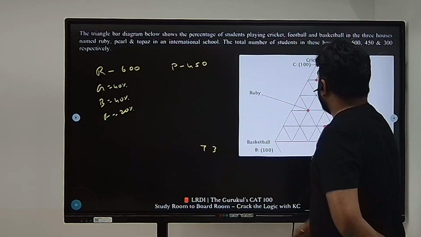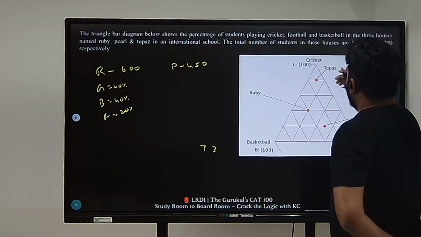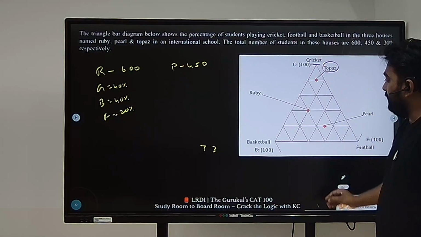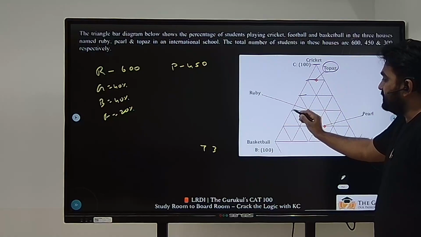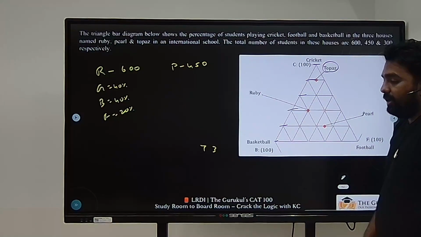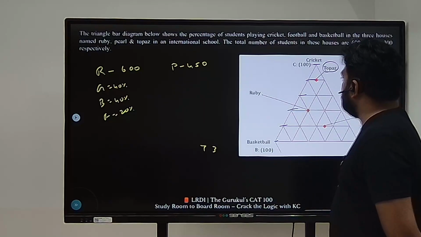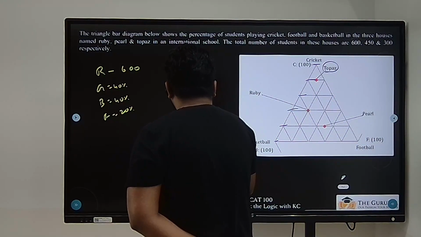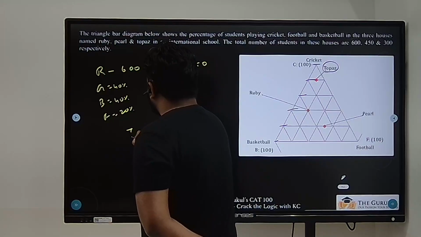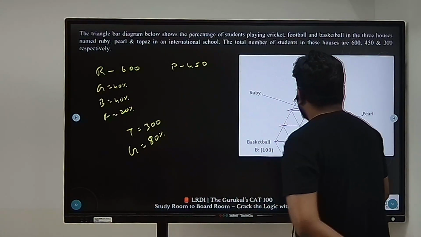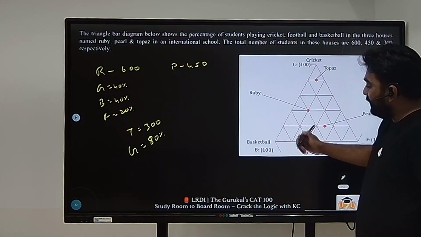Now let's look at the second house, Topaz. What is happening for this one? If this is 100, this is 80, 60, 40, 20 and 0. This is on 80 line, which means for Topaz, we are having 300 people. Cricket is equal to 80%. Now let's see basketball.